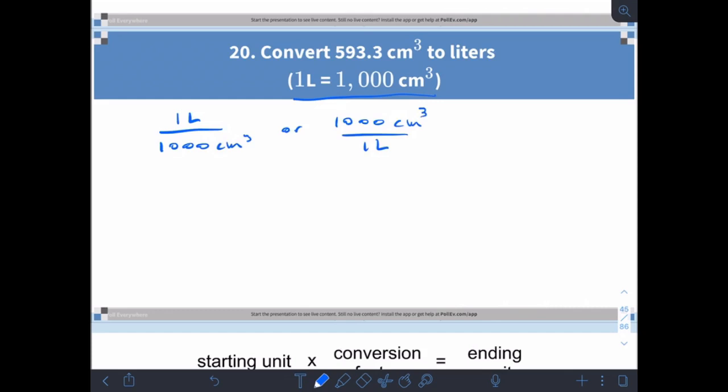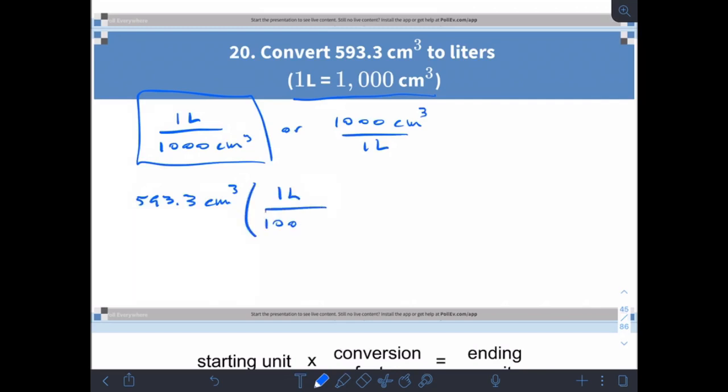So I'm going to start with my given information, 593.3 cubic centimeters, and I'm going to pick the conversion factor that has cubic centimeters on the bottom, this one right here. Okay, I put it on the bottom so that my units will cancel out, leaving me with the answer in liters, which is what I'm after.